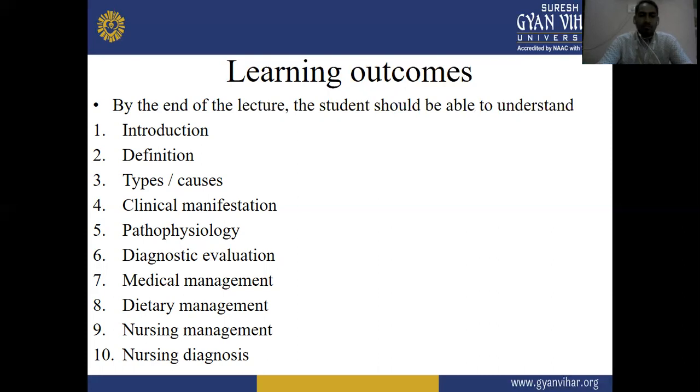Next one is diagnostic evaluations of jaundice. Next one is medical management of jaundice. And next one is dietary management of jaundice and nursing management of jaundice. And last one is nursing diagnosis of jaundice. These are the learning outcomes of jaundice.